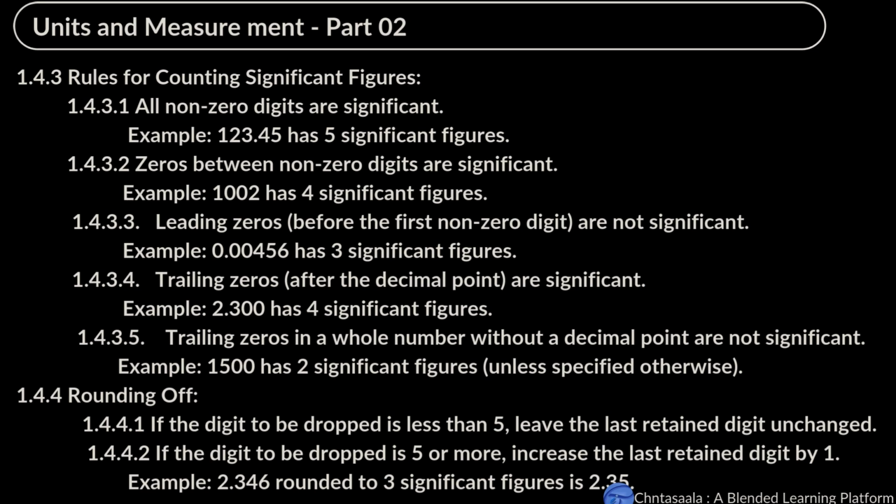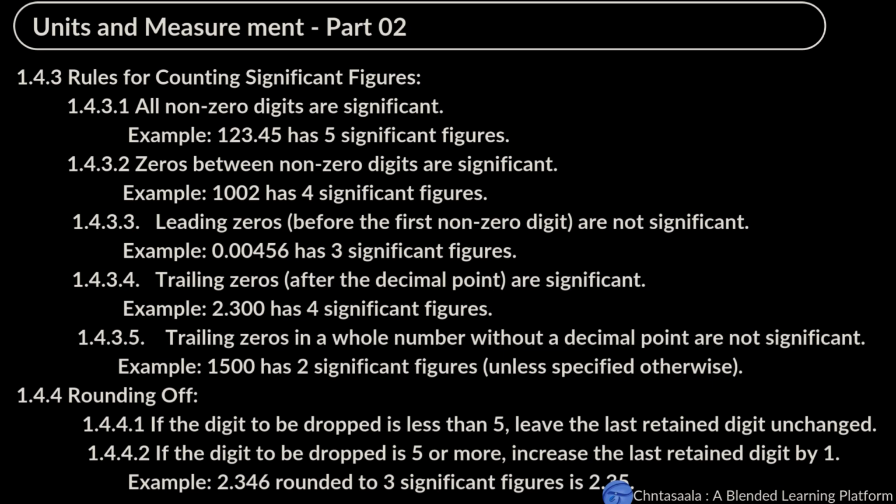Example, 0.00456 has 3 significant figures. Trailing zeros, after the decimal point, are significant. Example, 2.300 has 4 significant figures. Trailing zeros in a whole number without a decimal point are not significant. Example, 1500 has 2 significant figures, unless specified otherwise.